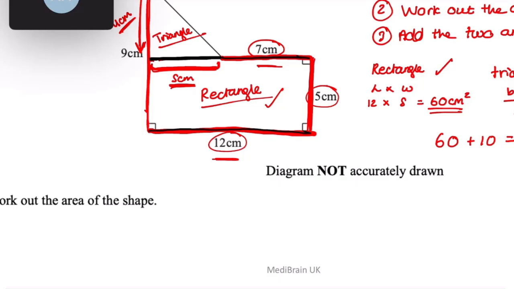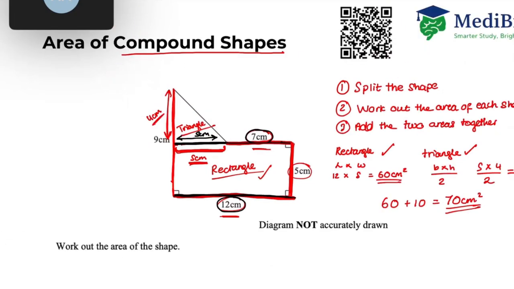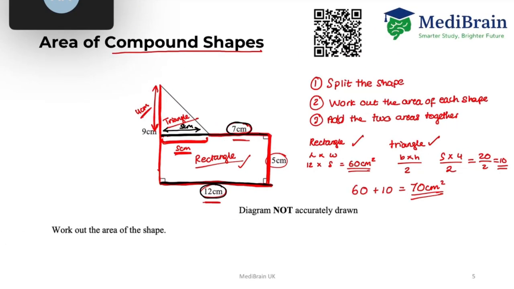Those are all the horizontal lengths. And we know that the total length is 12, and we know that this length is 7. So that means this length has to be 5 centimeters, because this length has to combine with 7 centimeters to give us the total length at the bottom. Okay, and same with the verticals, sorry.